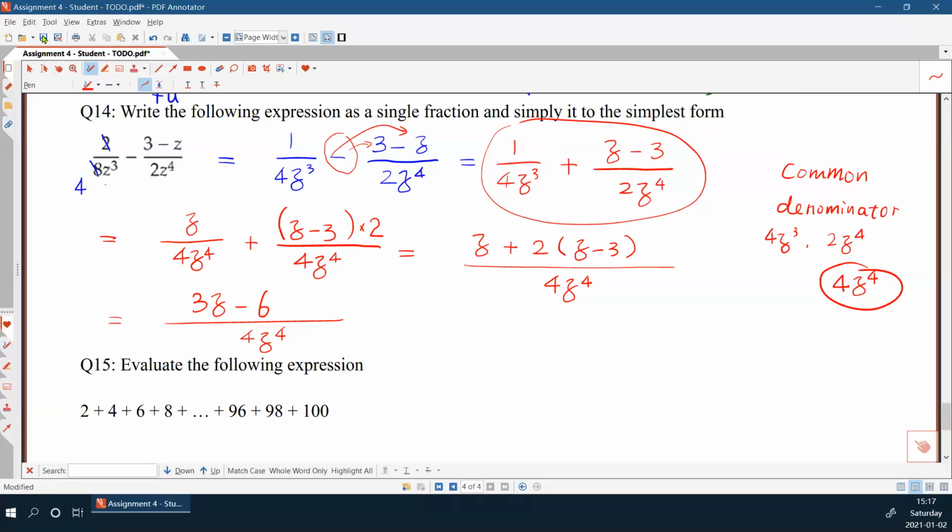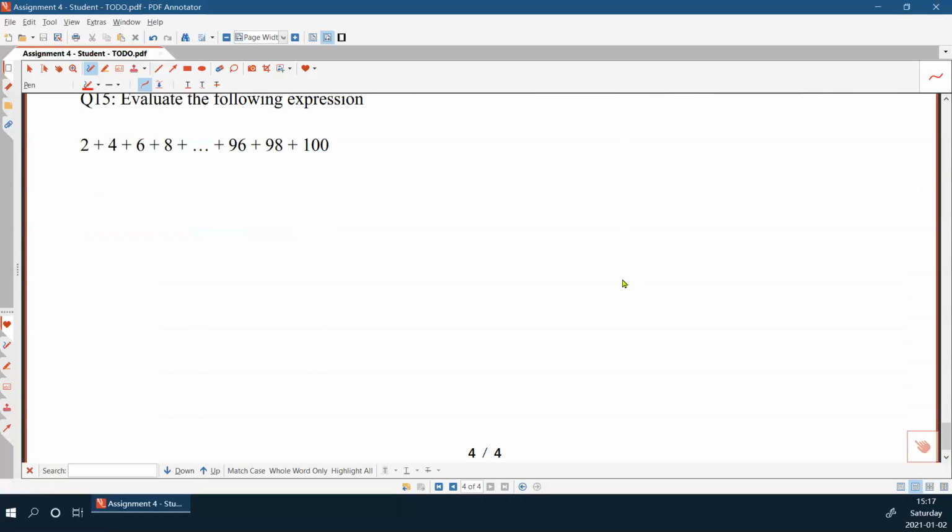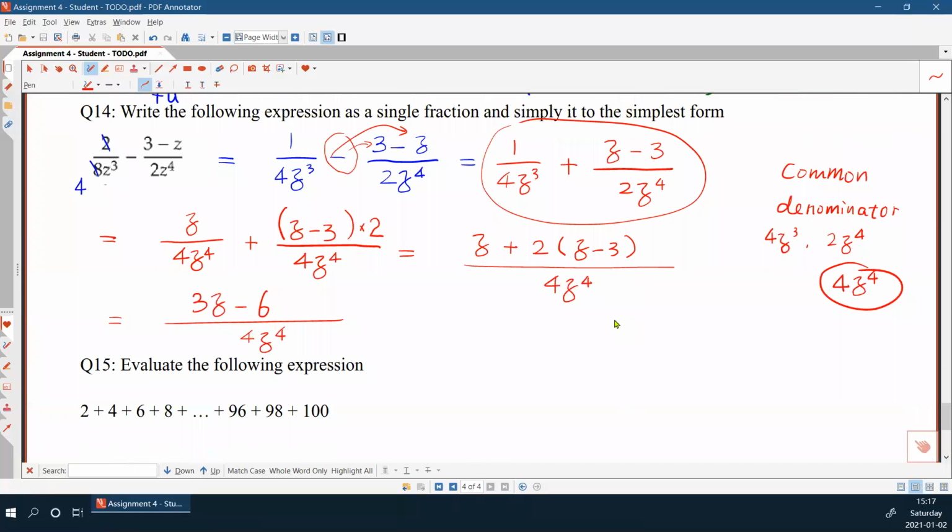Okay, this is a simplest form already, right? So this is our final result. Any questions? Okay. No? All right, let's see the next one.